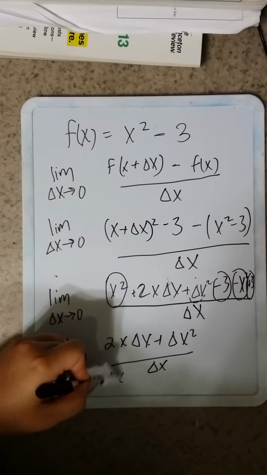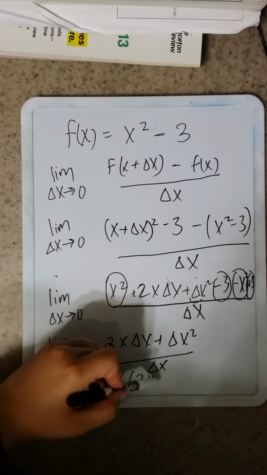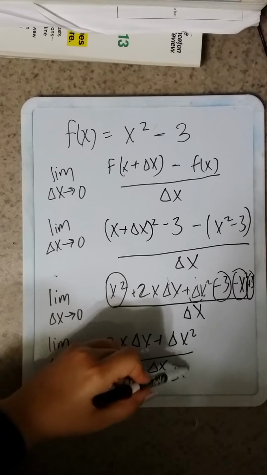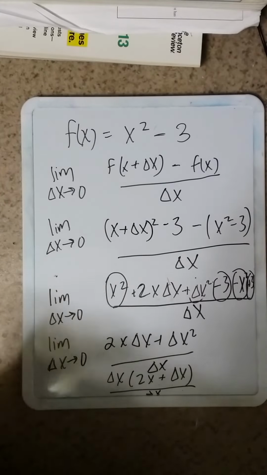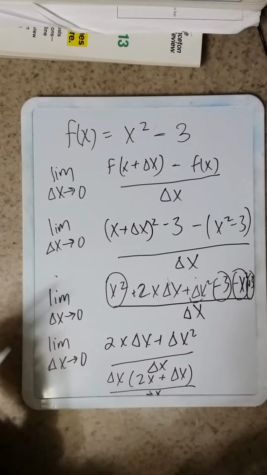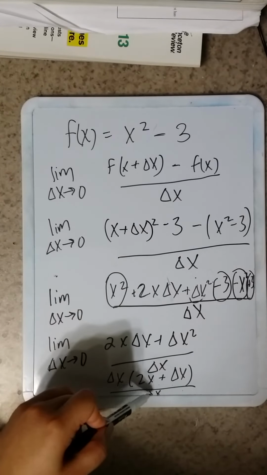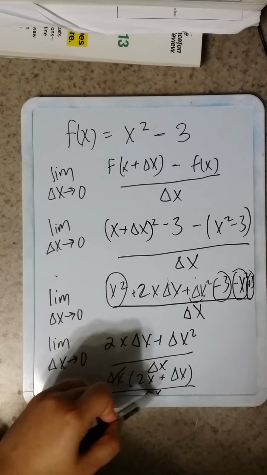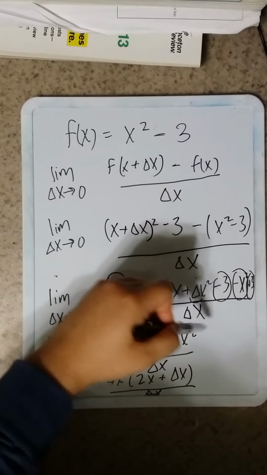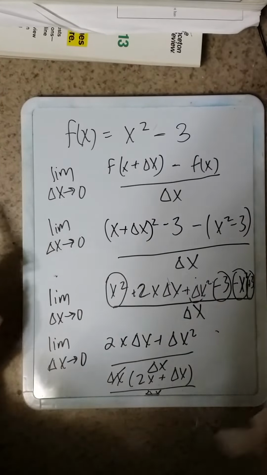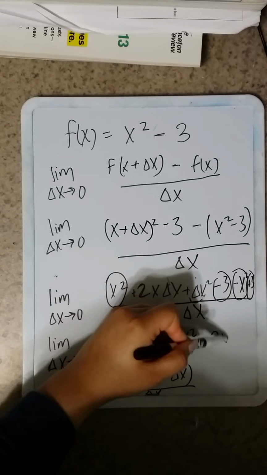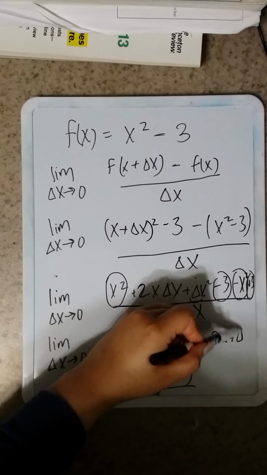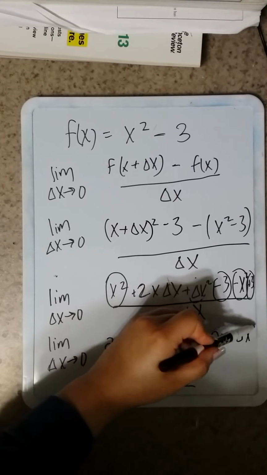So you take out the change of x, and you're left with 2x plus change of x all over change of x. Now you have a change of x at the top and at the bottom. You can just cross them out, and you're left with the limit as change of x approaches 0 of 2x plus change of x.